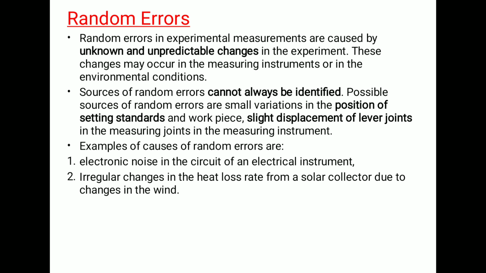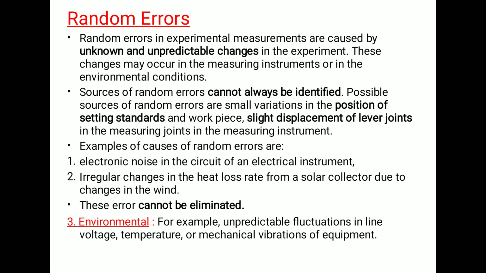Examples of the causes of random errors are, first, electronic noise in the circuit of an electrical instrument. Second one is irregular changes in the heat loss rate from a solar collector due to changes in wind. These errors generally cannot be eliminated completely.